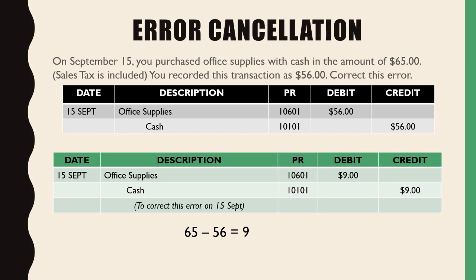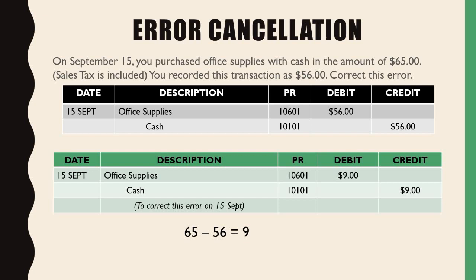But this is also one of the dangerous things about doing the error cancellations, because if you don't really micromanage or dissect this transaction into very small pieces... What if I said, oh, 56 is my office supplies, I have 65, the difference is $9.